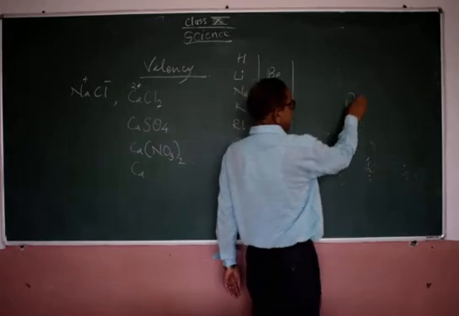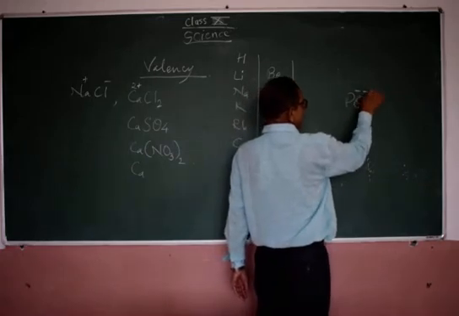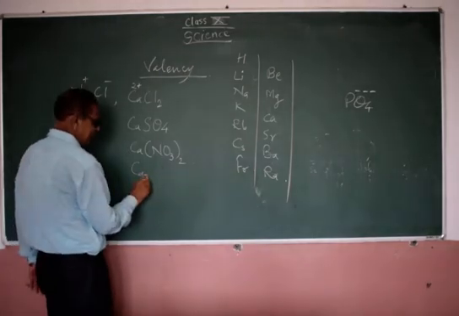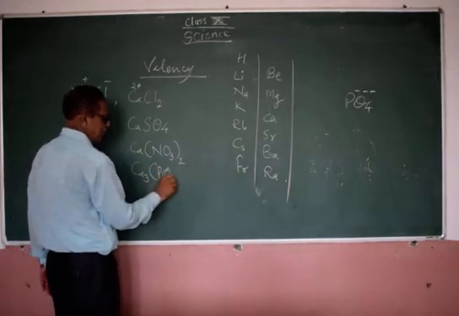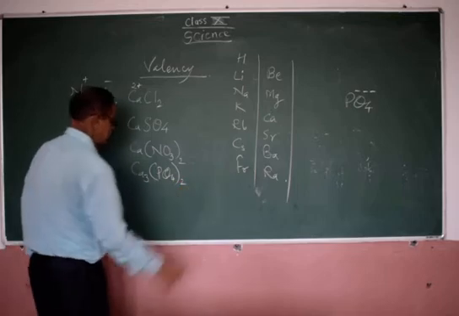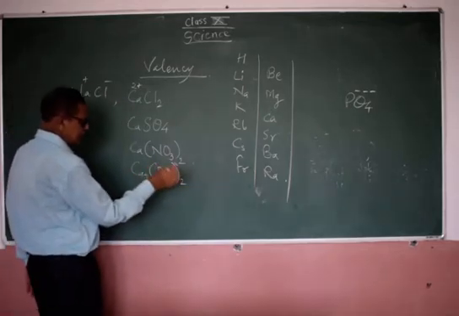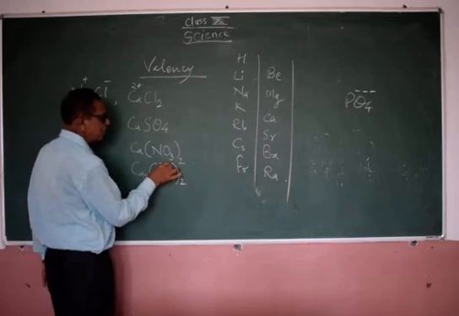Then calcium phosphate, phosphate radical. The phosphate radical will have 3 negative charges, so Ca3(PO4)2. Now see the valency, 1, 2, 3.